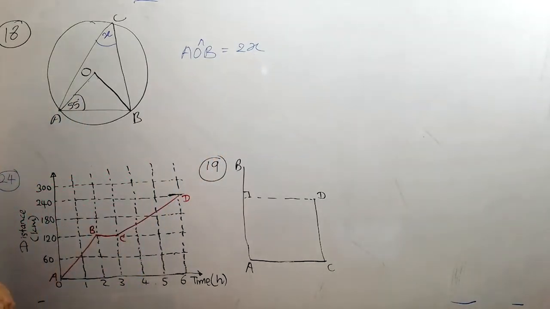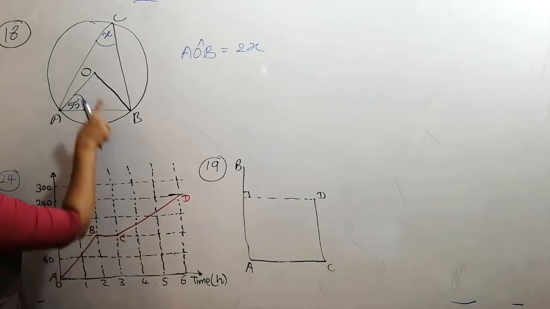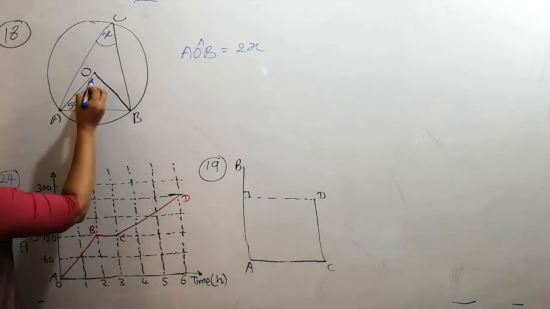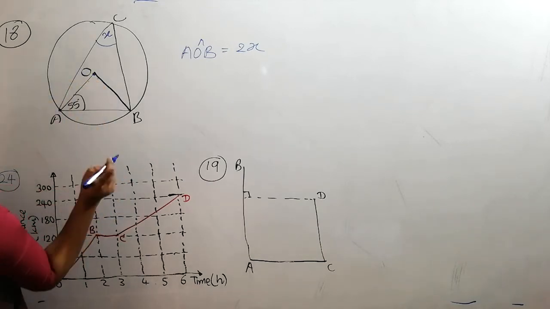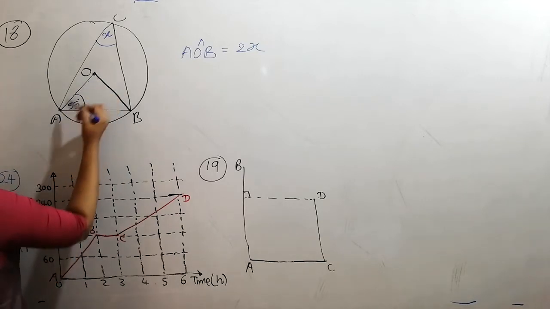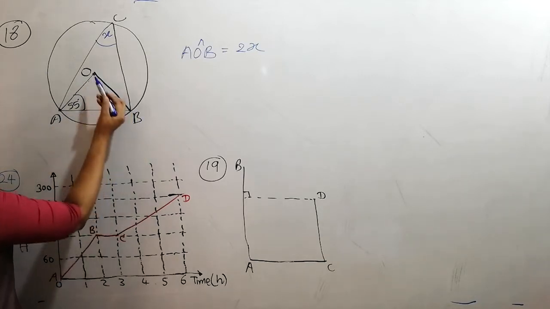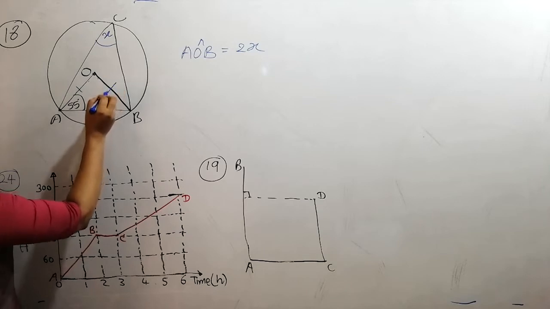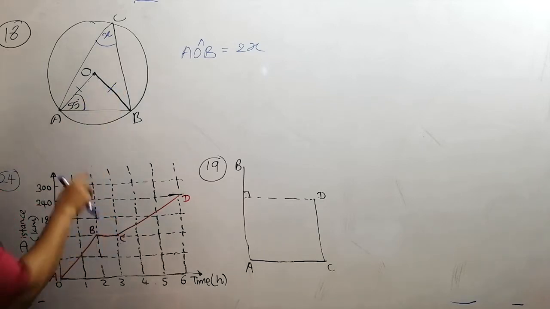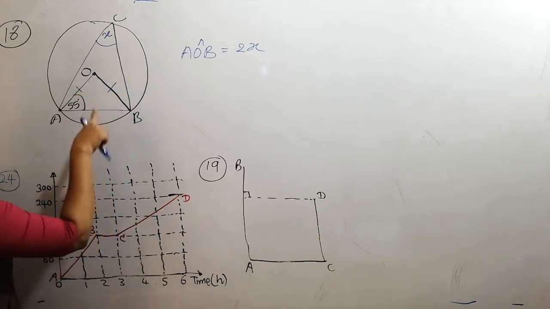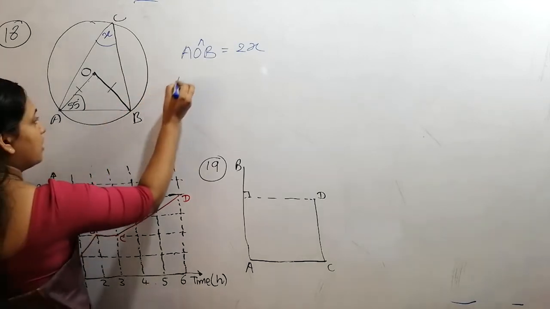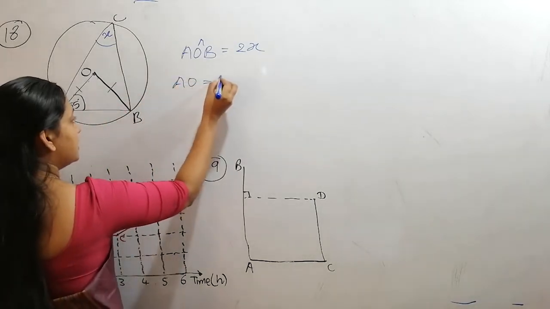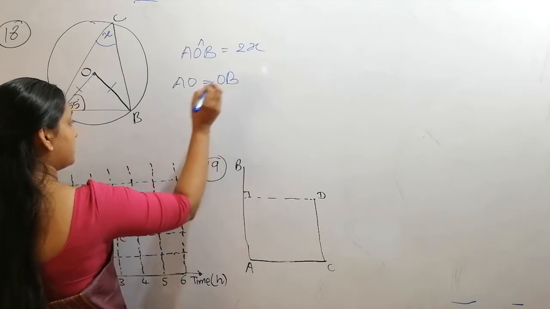What is the method? Look at the ABO triangle. Here, O is the center of the circle. Therefore, AO should be equal to OB. This one is equal to this one, because AO and OB are the radii of the same circle.